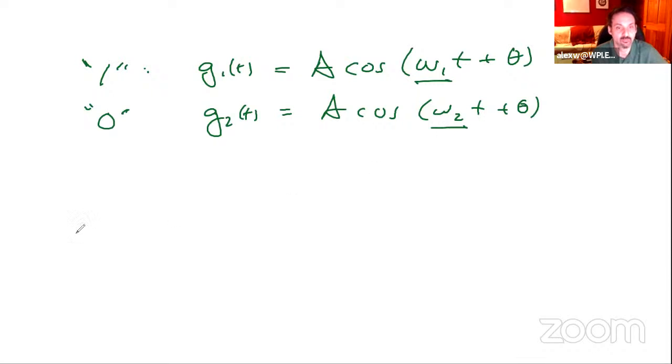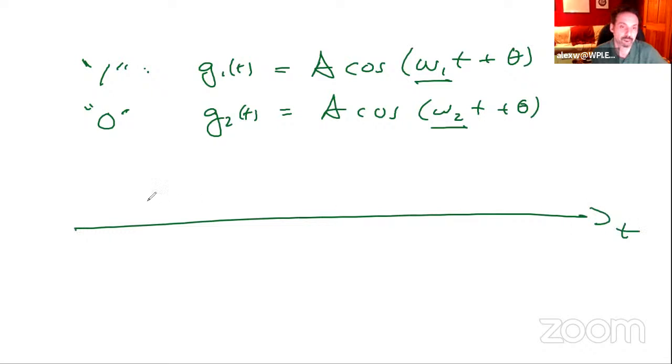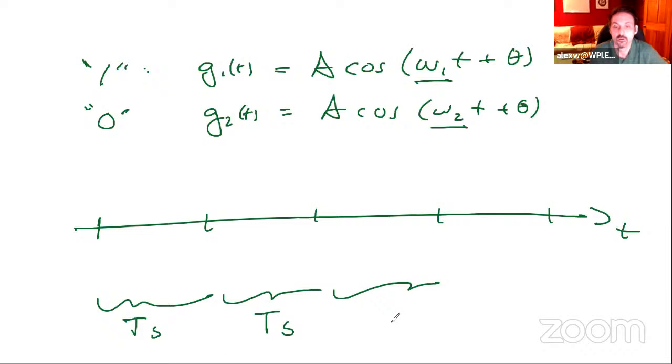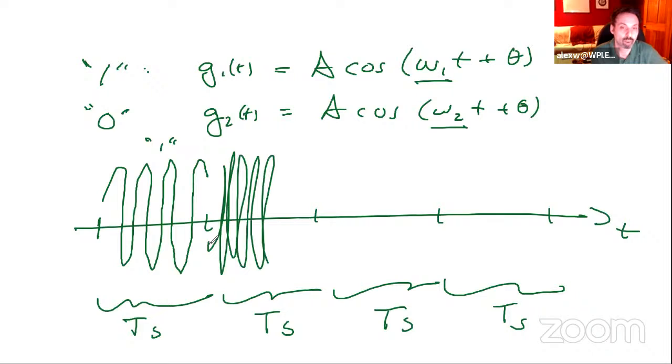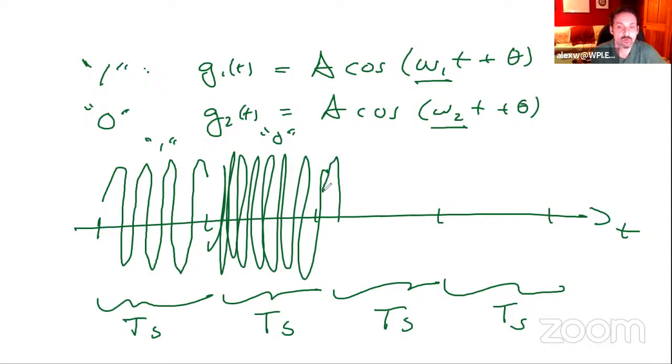But we had this kind of abrupt change every Ts seconds. So remember, every symbol period, we might have something that looks like this. So let's say this represents a binary 1. And then let's say we had something that was a binary 0, and then an abrupt change.